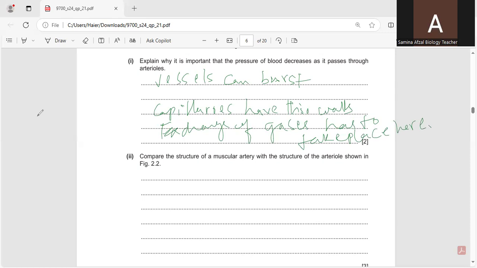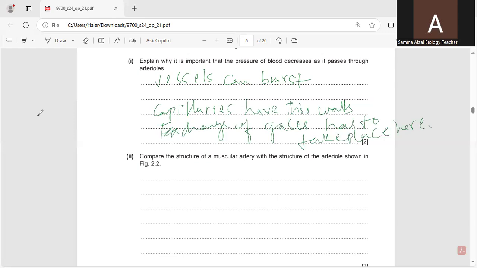Compare the structure of the muscular artery with the structure of the arteriole shown in figure 2.2. If we want to compare, first of all we have to discuss the similarities. What can be the similarity between these two types of blood vessels?